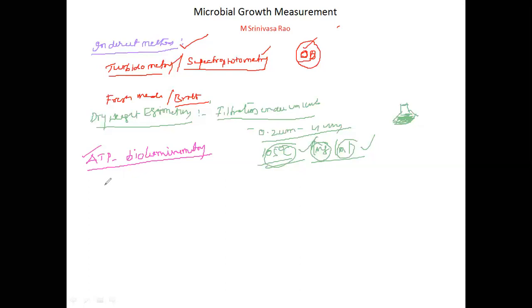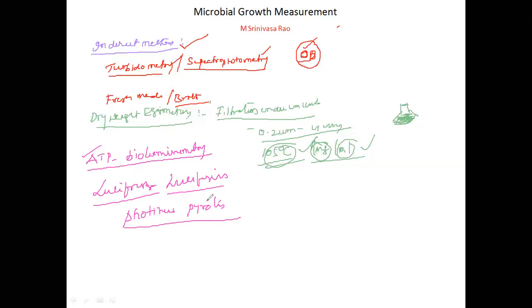This technique utilizes an enzyme substrate complex, luciferase luciferin. Luciferase is an enzyme and luciferin is a substrate. This is obtained from the firefly Photinus pyralis, which has a luminescence property and glows, which generates a photon of light for each molecule of ATP.